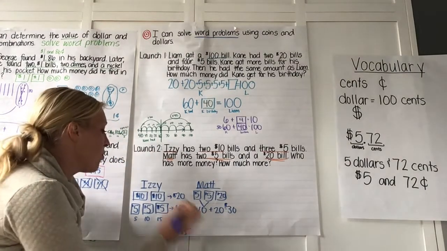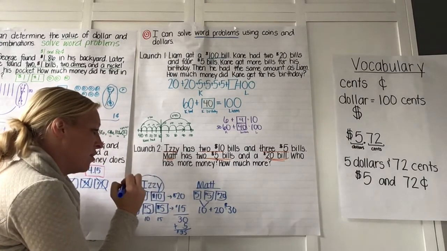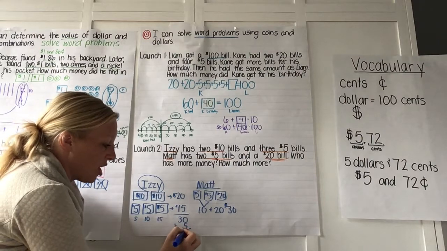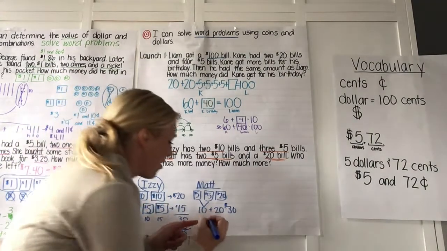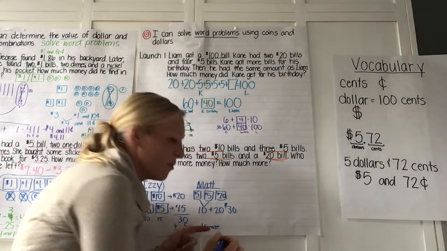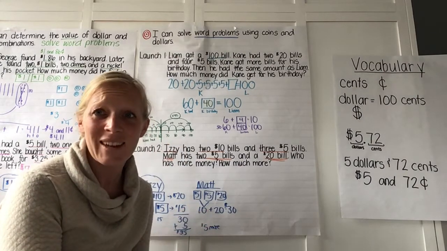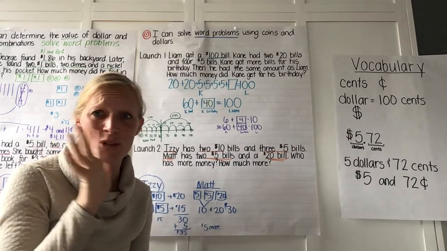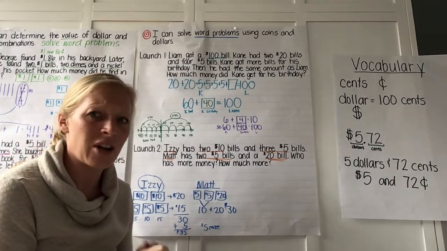So Izzy has more. Okay, so you circled Izzy. And how much more? She had 35 and he had 30. How did you know that she had 5 more? Because 30, 31, 32, 33, 34, 35. Okay, or you know that 30 and 35 are just 5 away when you're skip counting. So we know that's $5 more.